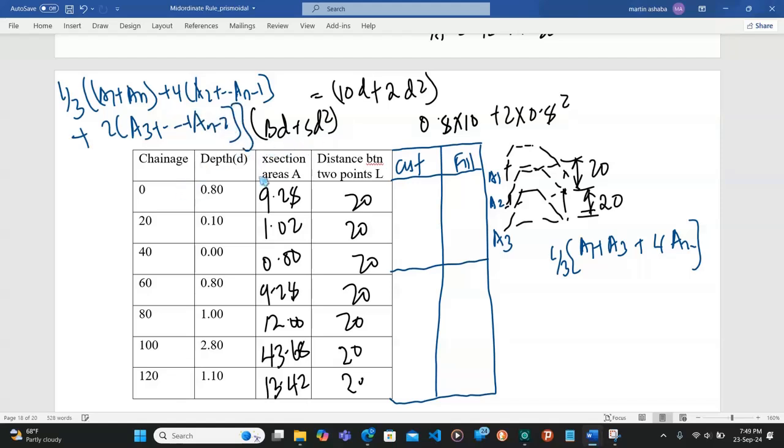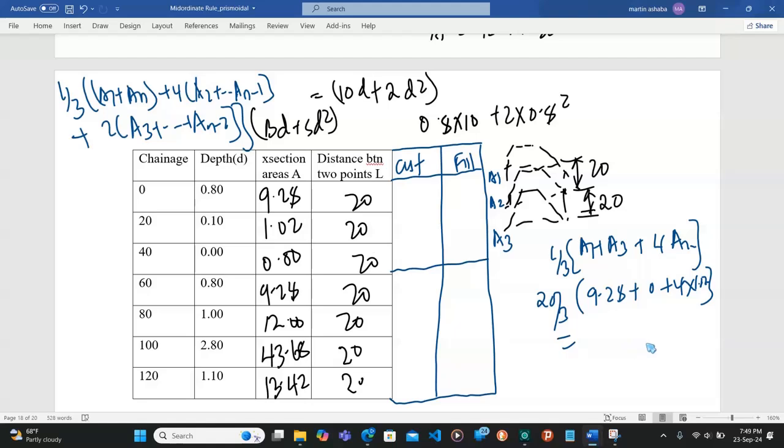And then we close. So what does that mean? I'm going to look at what is here. This is going to be 20 out of 3 into area, which is 9.28, plus the area here, which is 0, plus 4 times 1.02. 1.02 is here.